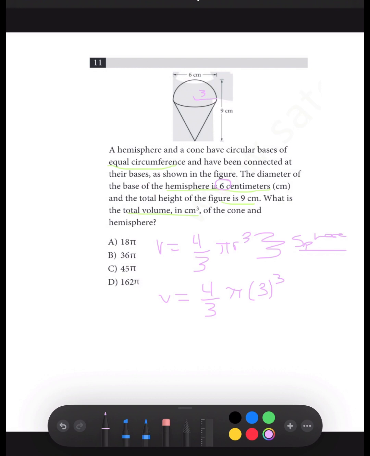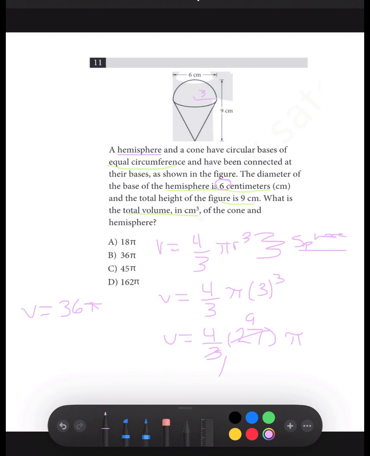This is the volume of a sphere, not a hemisphere. First, we'll find the volume of a sphere and divide it by 2 to get the volume of a hemisphere. So volume equals 4 pi over 3 times 27. Simplifying it, we get volume equals 36 pi.